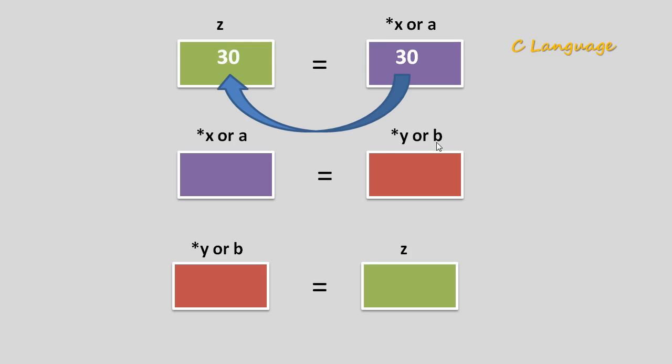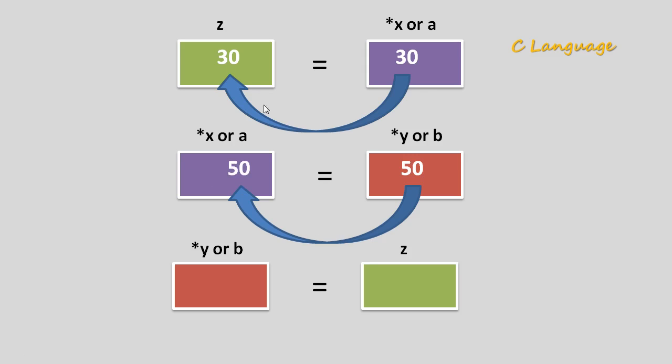The same way for b, this pointer variable asterisk y is having the reference of variable b, as it has the address of it, so it's going to work for the value of b. So what is the value of b? That is 50. That is now going to store inside a, as asterisk x is working for a. So now inside a it should be 50.